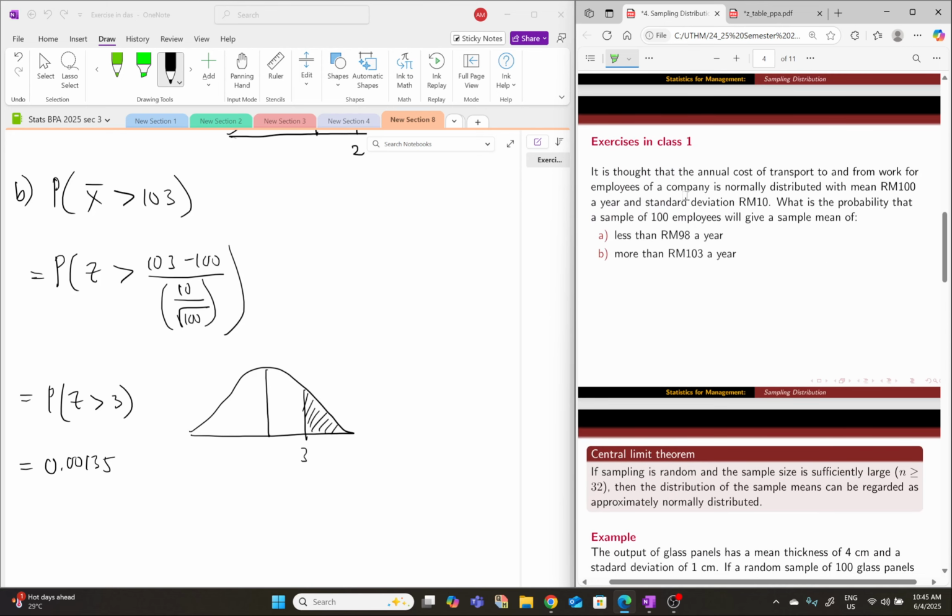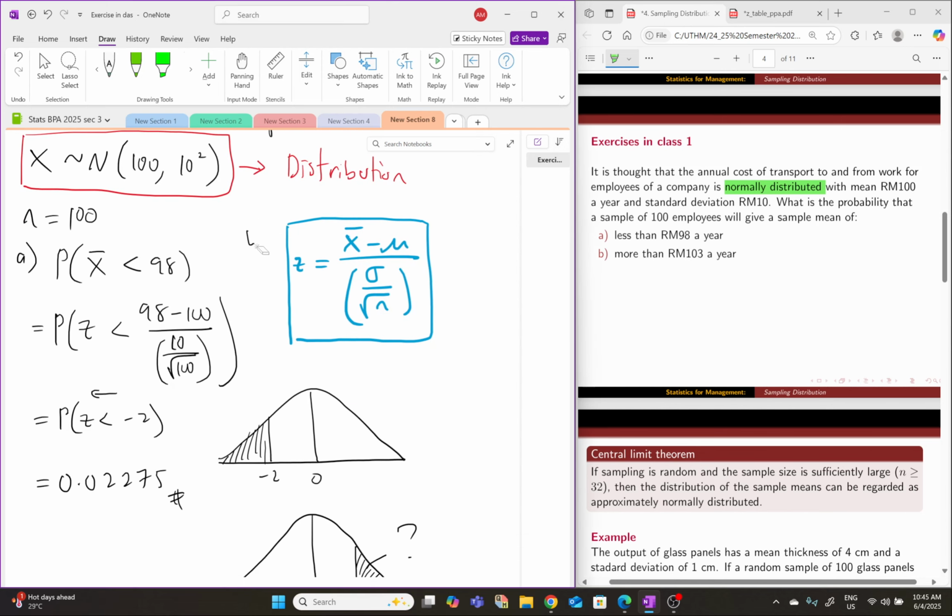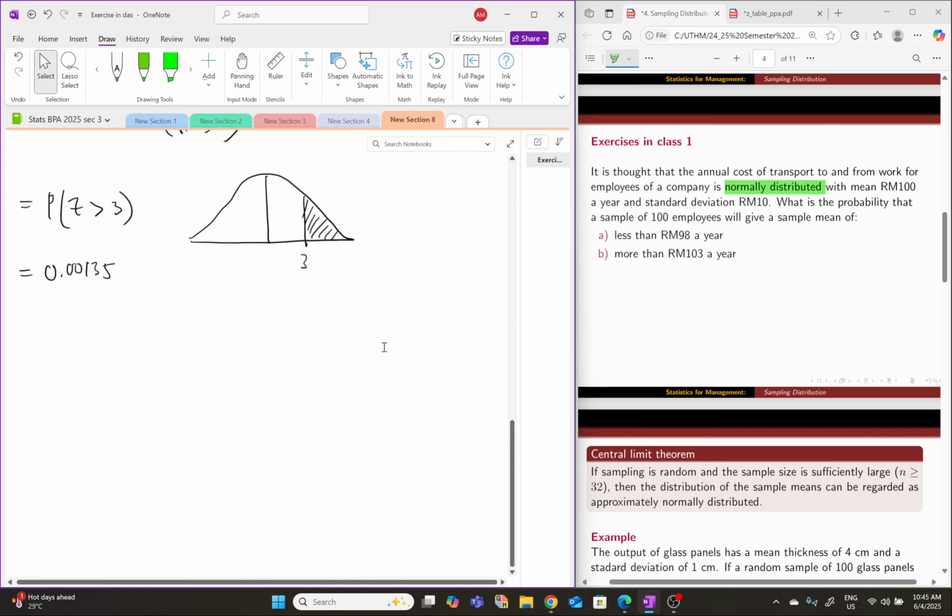Dia ada bagi tahu dekat sini normally distributed, sebab tu kita gunakan formula normal dekat sini. Soalan tu kena highlight benda ni normally distributed, then only we can use normalization ataupun normal probability.